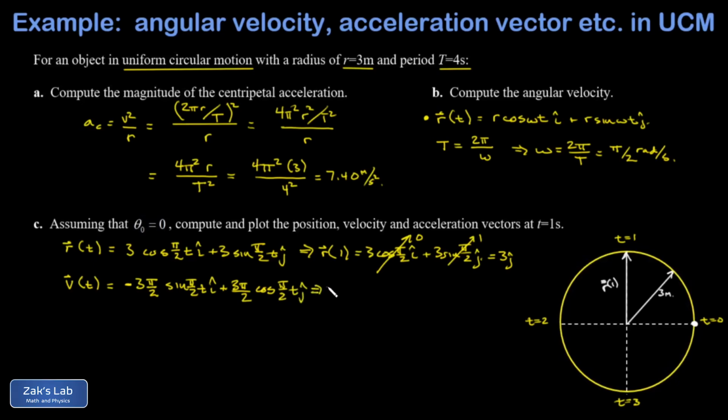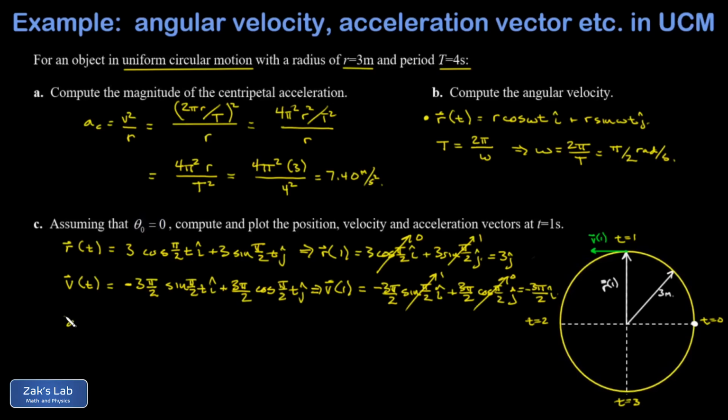Then when I imagine evaluating this at t equals 1, again, the cosine term is going to vanish and the sine term will be equal to 1. So I arrive at a velocity vector of negative 3 pi over 2 i hat. So this vector points exactly to the left, and this isn't surprising either. I know the velocity of this particle must be tangential to its trajectory, and I know which way it was moving, so it has to be directly to the left.